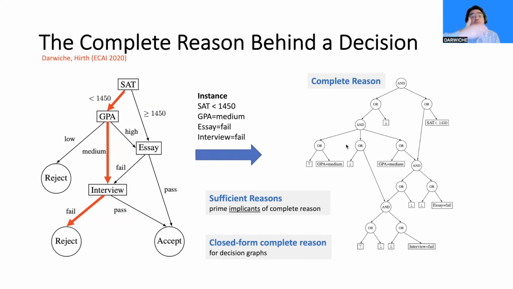By doing just a sweep through the decision graph, we can generate this very efficiently, in linear time, actually, in closed form. That's described in this paper here. That basically shows how you can obtain these complete reasons in closed form for decision graphs.